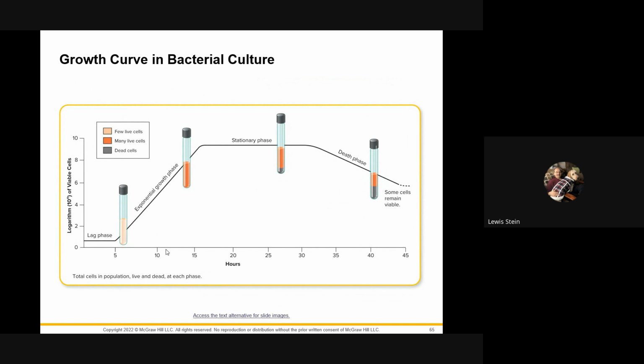In stationary phase, two other things. One, if it has the ability, and not many do, to form endospores, it will. And most importantly, secondary products called metabolites.